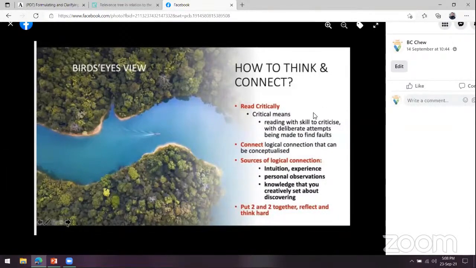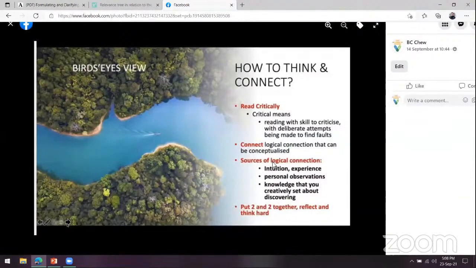Then after that we have to connect, because you have to be logical. Everything has to be logical. The gravity laws, everything has to abide by the gravity law. If you want to have something which is anti-gravity, you have to put in resources or energy or forces in order to cancel it off.